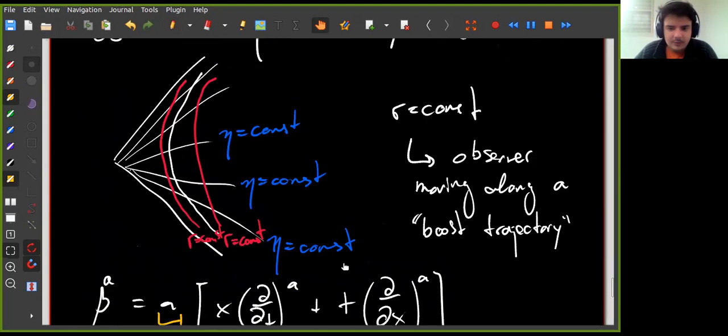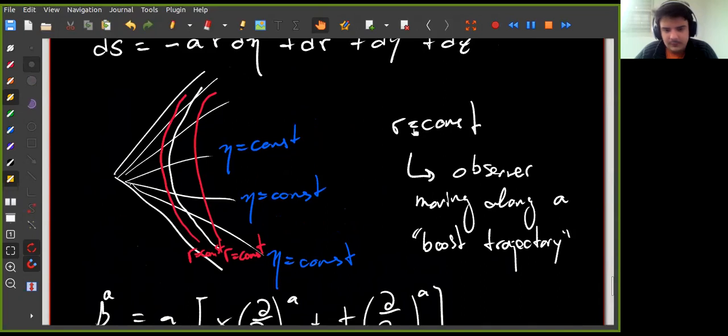Therefore, r equals a constant, a positive constant, means an observer moving with constant acceleration. R equals 0 I don't think is possible.